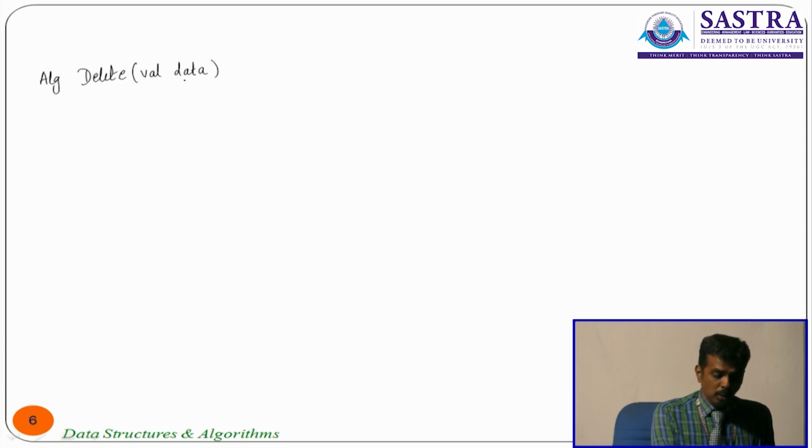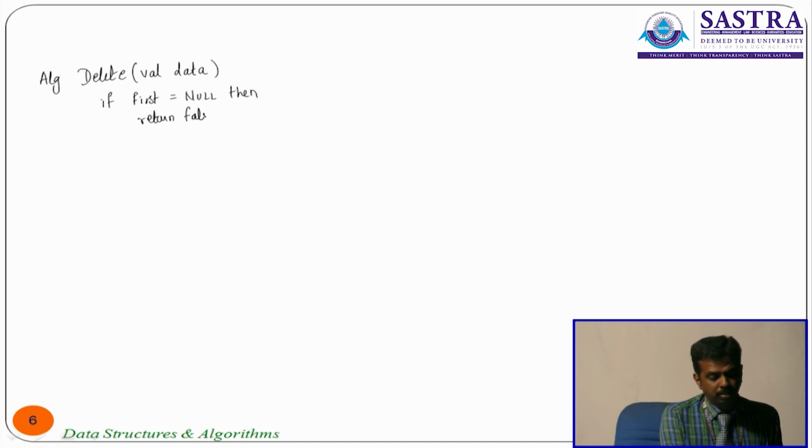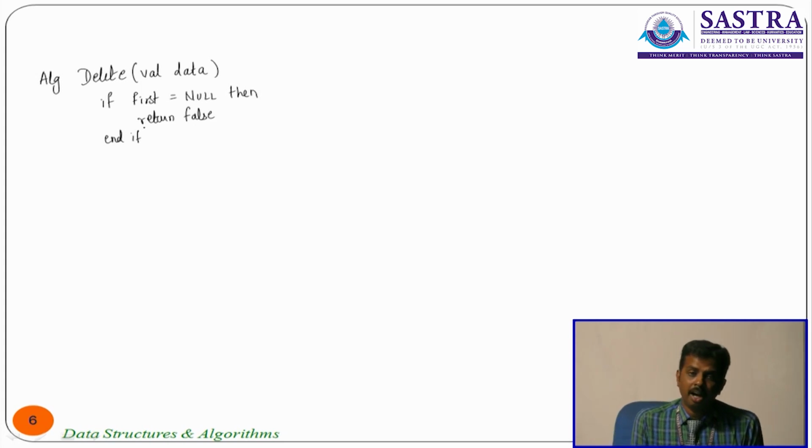So I can check if first is pointing to null, first equal to null, no need of searching and deleting, I can simply return false. End if. Otherwise, the data has to be searched from the list and then deleted. I will explain this with one example.